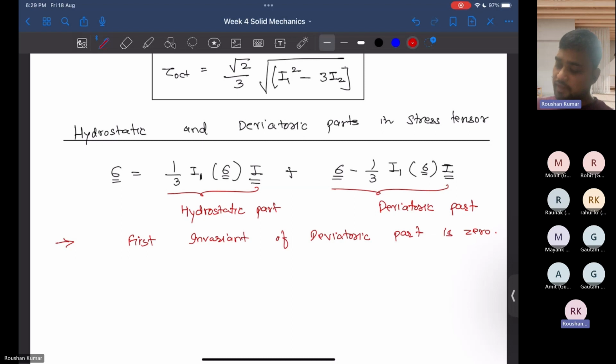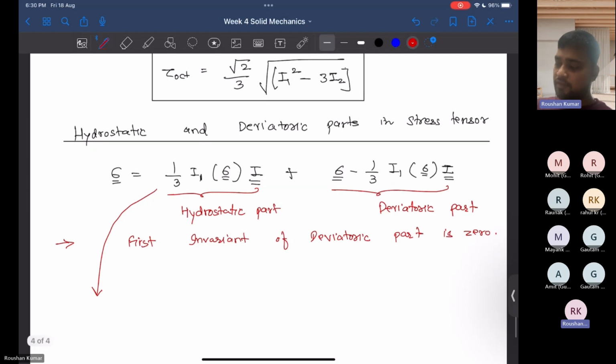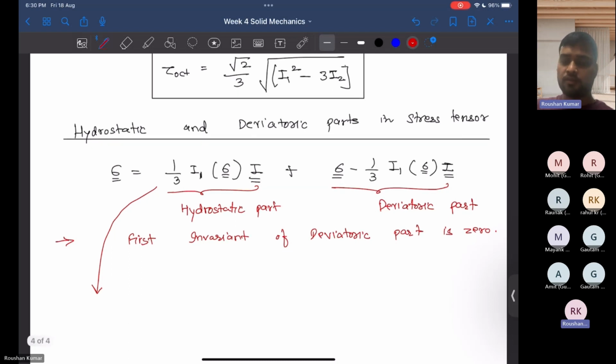As you can see here, the hydrostatic part is multiplied with identity tensor. So it means that it has only normal component of traction, whereas the deviatoric part contains the shear part.